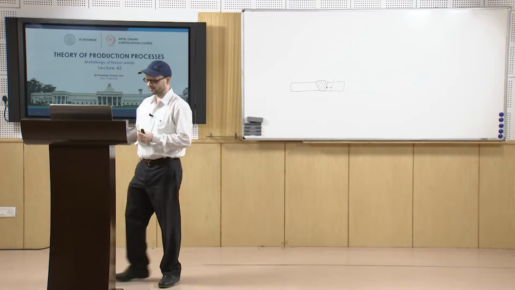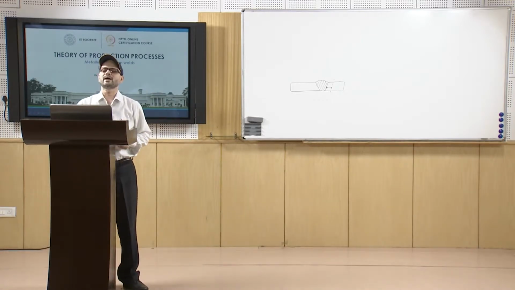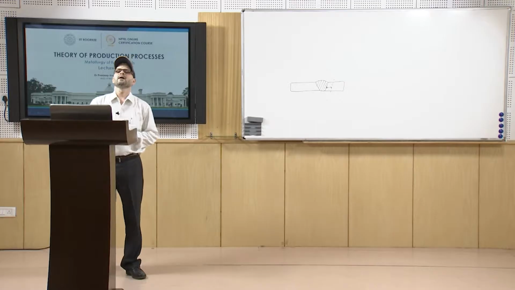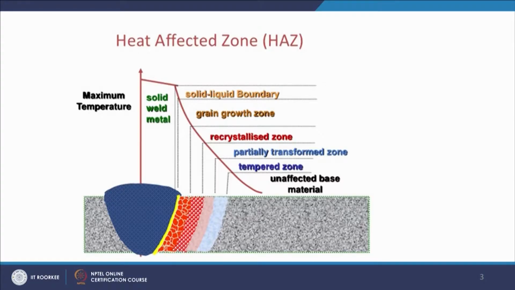If you look at the pictures in a clearer manner, this is the weld metal zone, the zone where you have maximum temperature. Here there is fusion of the metal, and then it gets solidified. This portion was earlier liquid, and this is basically cast.